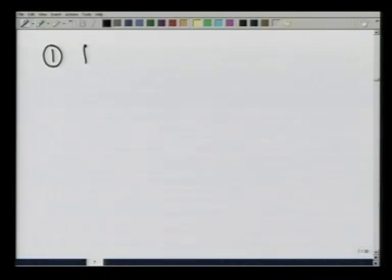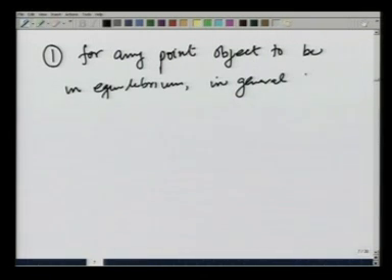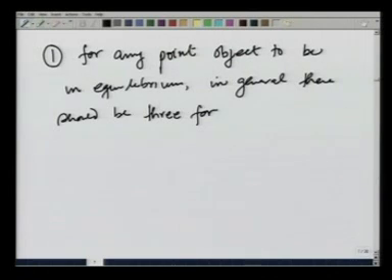Now, to motivate the trusses, I note 2 points. Number 1, for any point object to be in equilibrium, in general there should be 3 forces acting on it, a minimum of 3 forces.